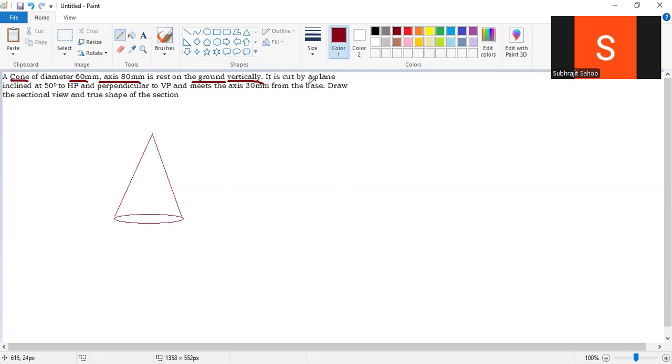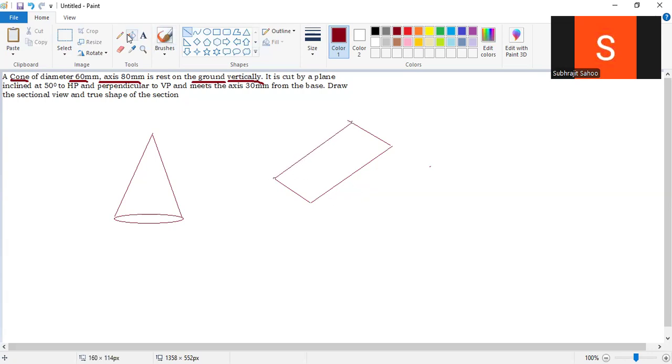Observe, it is cut by a plane, the section plane, the cutting plane, inclined at 50 degree to HP and perpendicular to VP. Suppose this is the plane inclined at 50 degree to HP. This is the cutting plane.